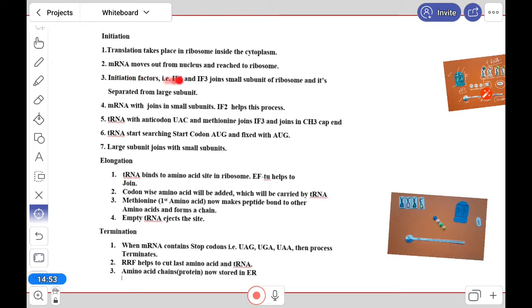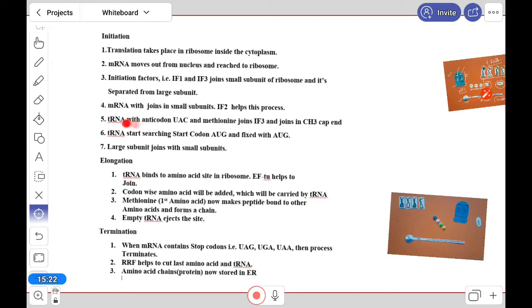There are several initiation factors, you can search for them. They join the small subunit and it separates from the large subunit. Now the mRNA joins the small subunit, and IF2 helps the process.